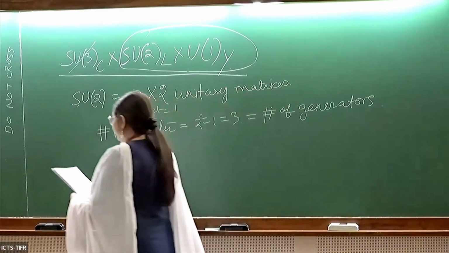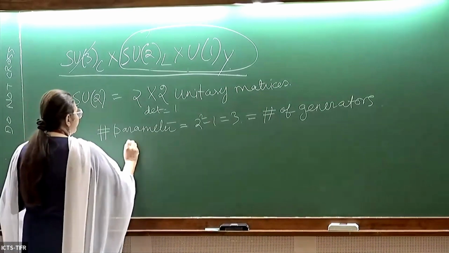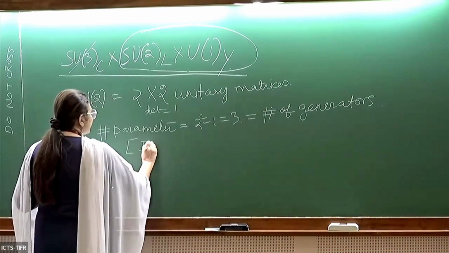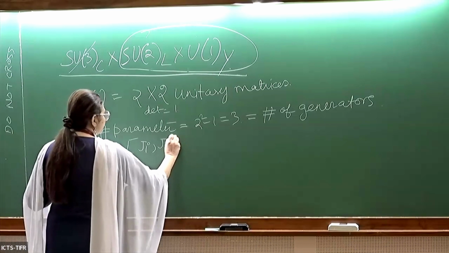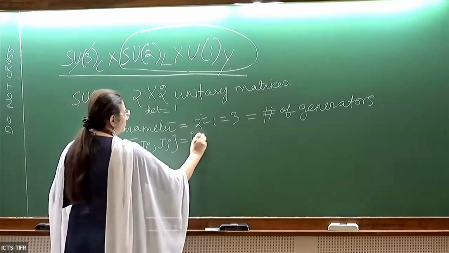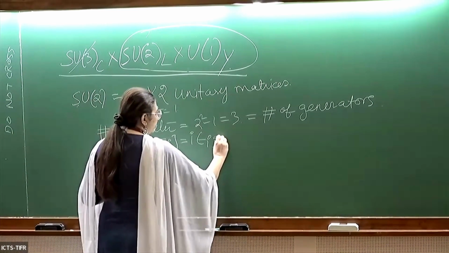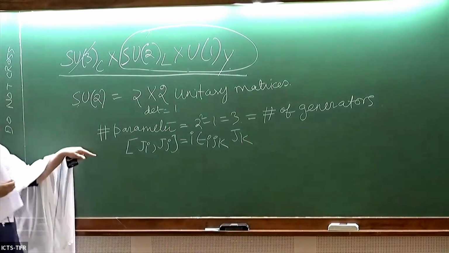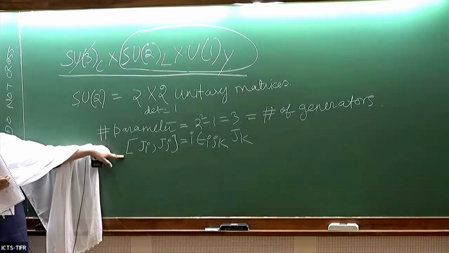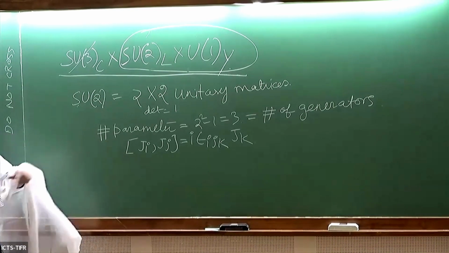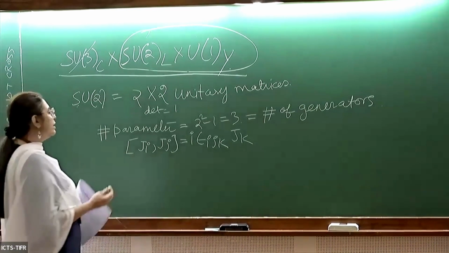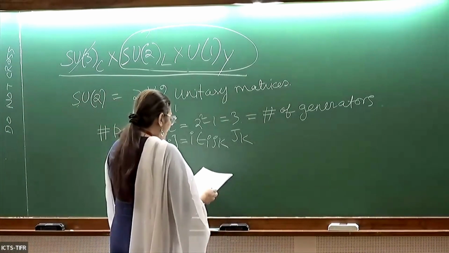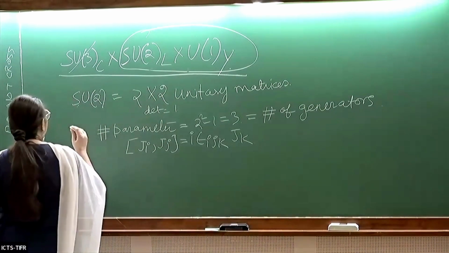Okay. And we know that they obey this kind of relation. So these are the generators of the Lie algebra of SU(2) which obey the relation, and these are the angular momentum commutation relation.